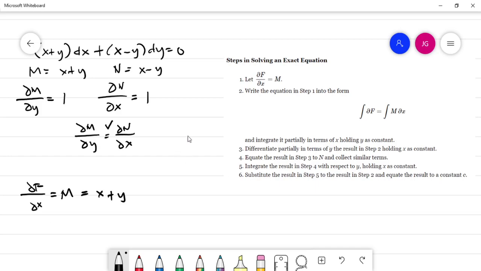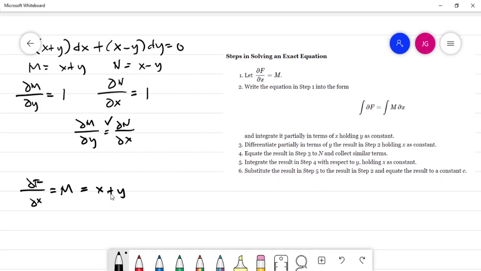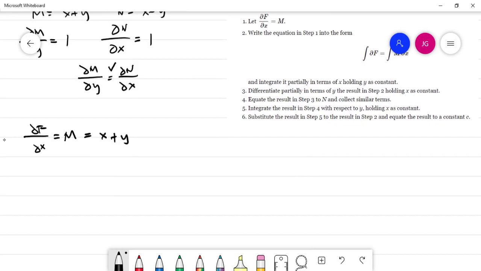So next step, we write the equation: partial derivative of f with respect to x is x plus y. So second, we need to integrate it partially in terms of x holding y as constant. So we write the equation, x plus y.